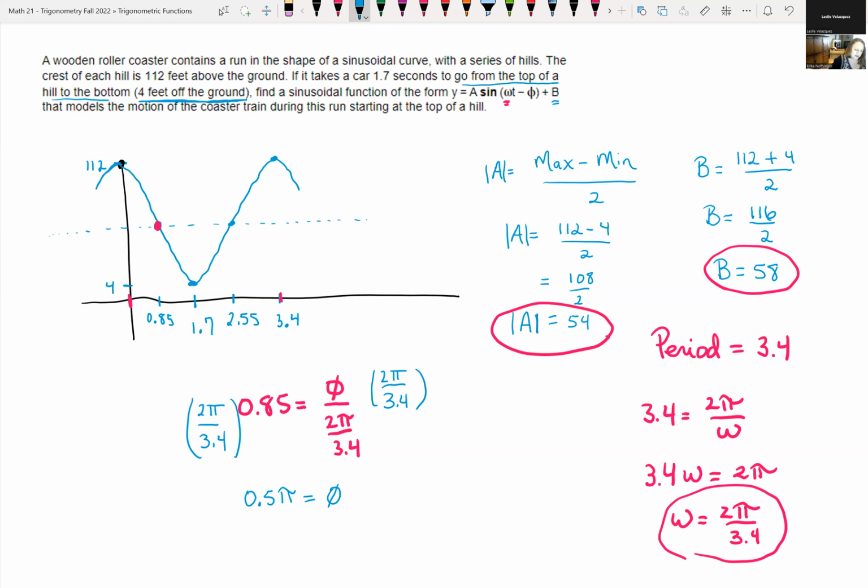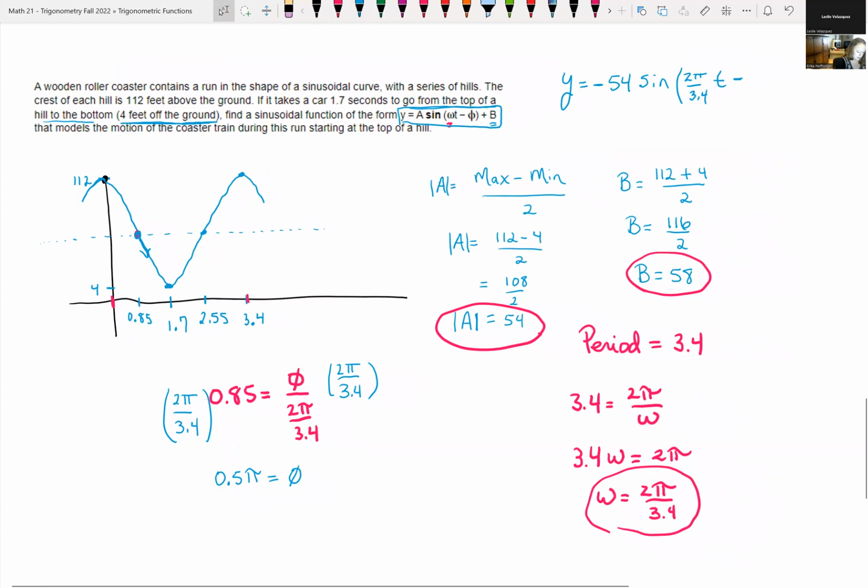So if I plug all this stuff back into my equation, we have y is equal to a. This is where we had to decide if it's positive or negative. From the midway line, we're decreasing, so I know that has to be a negative value. So minus 54 sine of omega, which was 2 pi over 3.4, times t for time, minus phi.